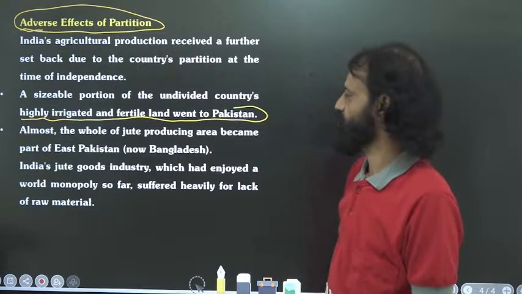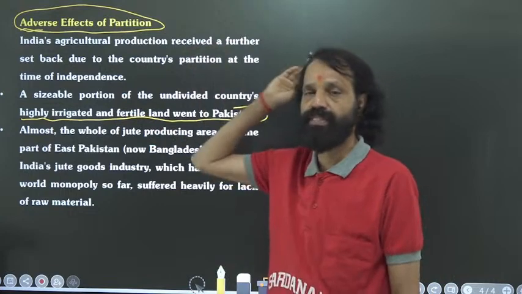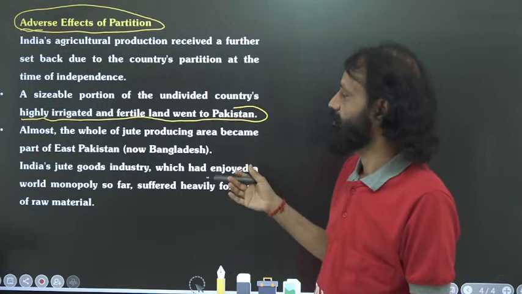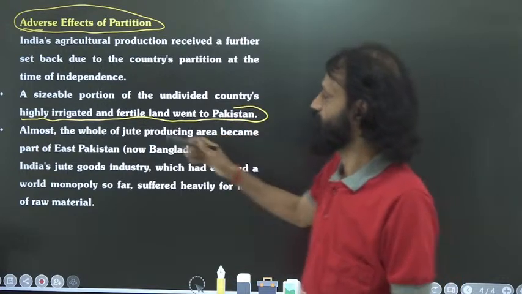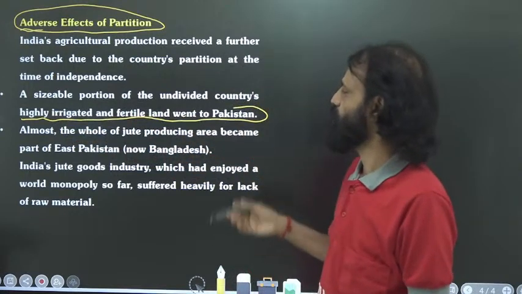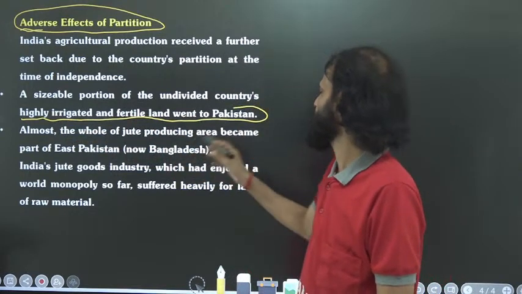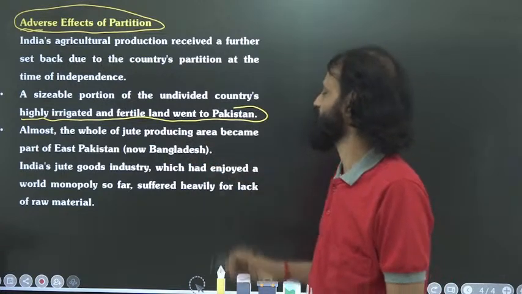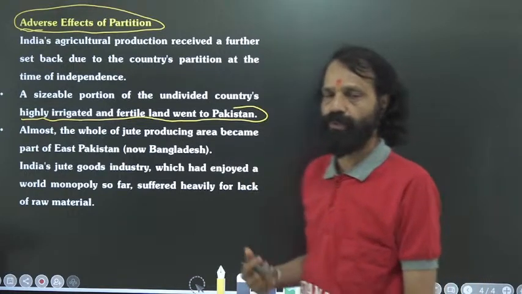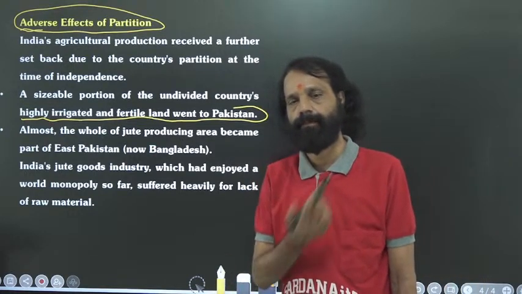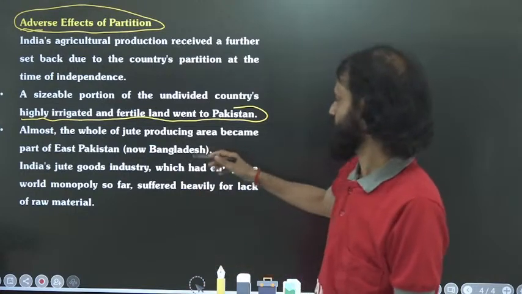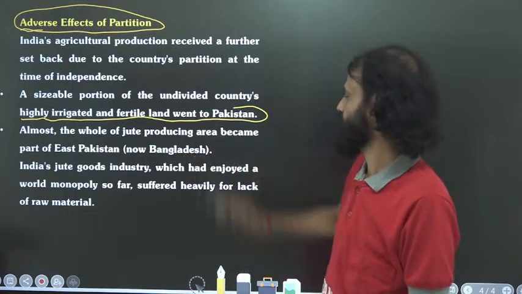Almost the whole of the jute producing area became part of East Pakistan, now Bangladesh. The jute producing area was on the northeast side, and at present all those areas are with Bangladesh.